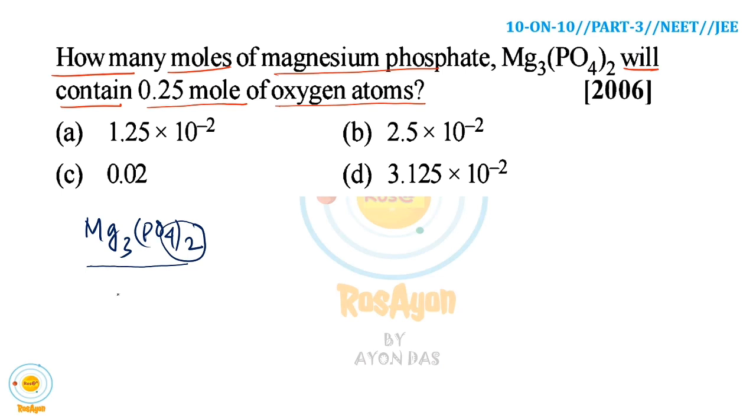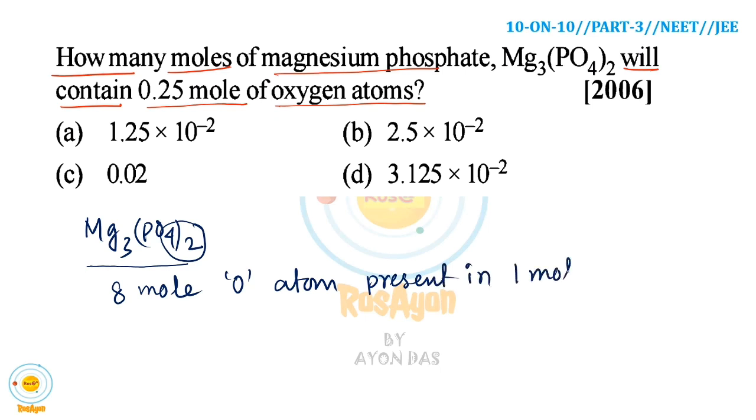So you can write 8 mole oxygen atom present in 1 mole magnesium phosphate. That is clear.